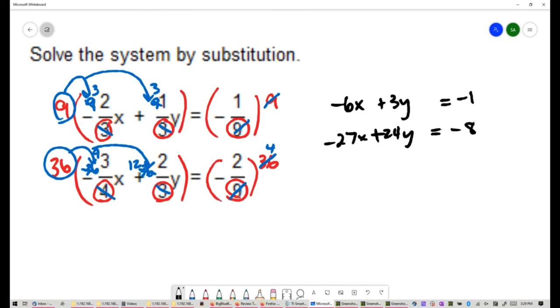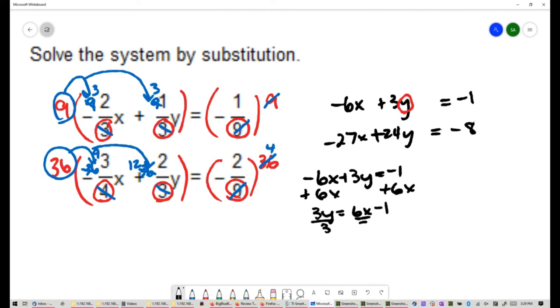But now I have to solve with substitution. You can solve for any variable you want. I'm going to solve for this y. I have negative 6x plus 3y equals negative 1. I'll add 6x to both sides, and that's 3y equals 6x minus 1.